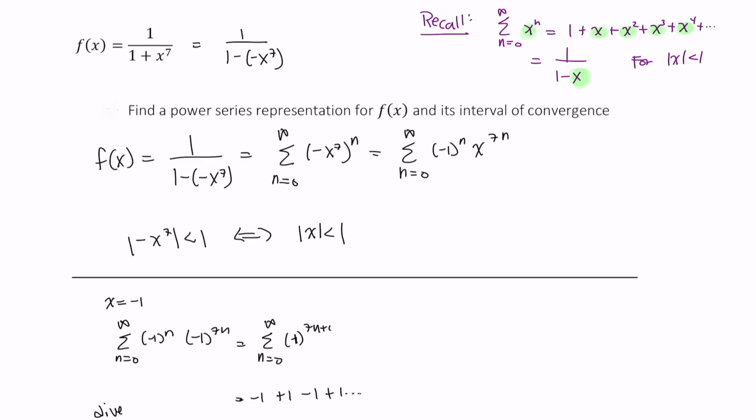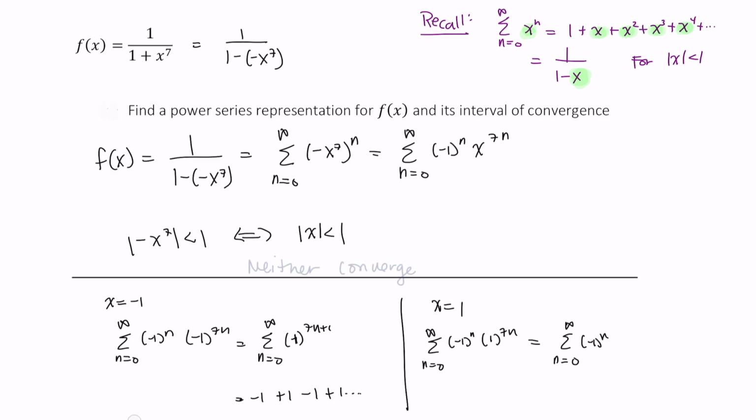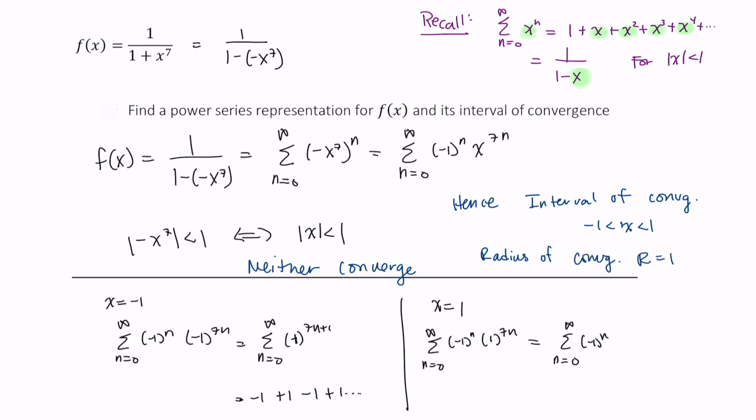So it's not going to converge. We know that. And then the same goes when x equals 1. We have the sum from 0 to infinity of negative 1 to the n times 1 to the 7th n. That's just going to be the sum of negative 1 to the n. Also will not converge. So this gives me an interval of convergence from negative 1 to 1, and the radius of convergence is equal to 1.